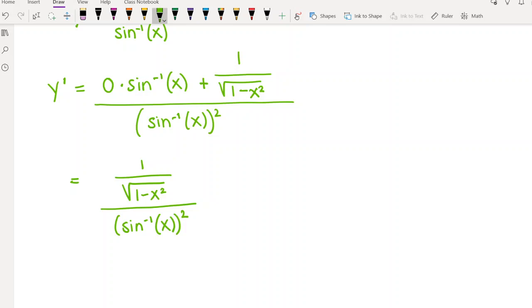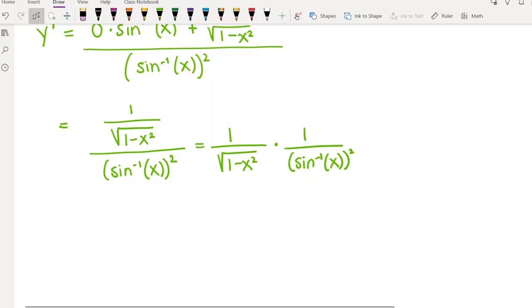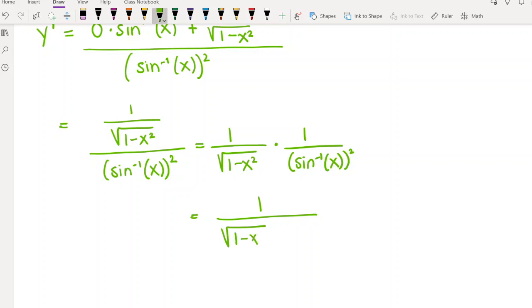And then rather than have a fraction within a fraction, this is the same thing as 1 over the square root of 1 minus x squared times 1 over inverse sine of x, squared. And so we can rewrite it as just one fraction. We can write this as 1 over square root of 1 minus x squared times inverse sine of x, squared.